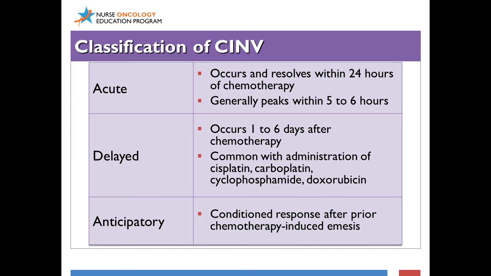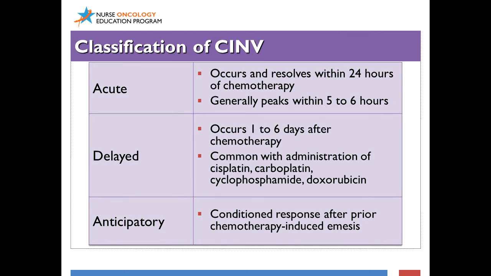If we look at the classification of CINV, we know that acute nausea and vomiting occurs within minutes to hours after administration of chemotherapy, but usually resolves within 24 hours. Delayed nausea and vomiting can occur at least 24 hours after chemotherapy and may last several days. So it's important for us to understand the regimens that our patients are receiving. For example, delayed is common with carboplatin.